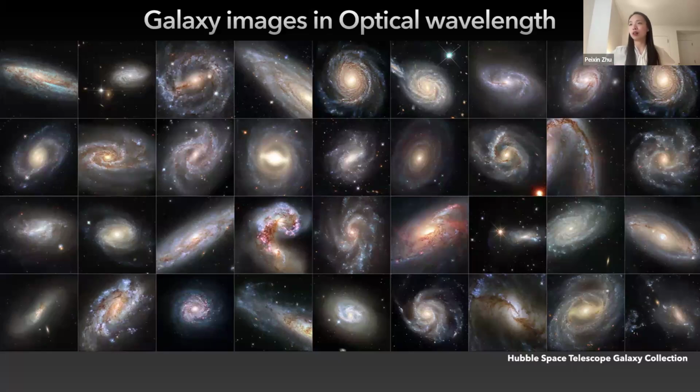And then there are spiral arms, which are the bright blue parts in these spiral galaxies. And what you can also see is that they all have a bright center. So if your conclusion at first sight is that all these galaxies have some activity in the center, then you have the right instinct.